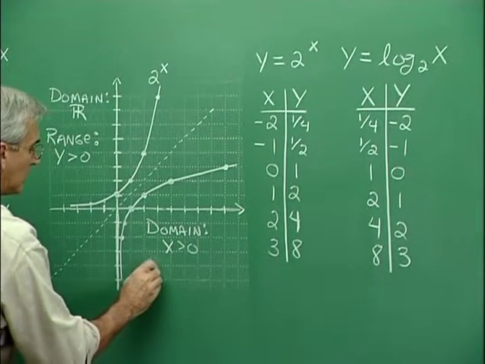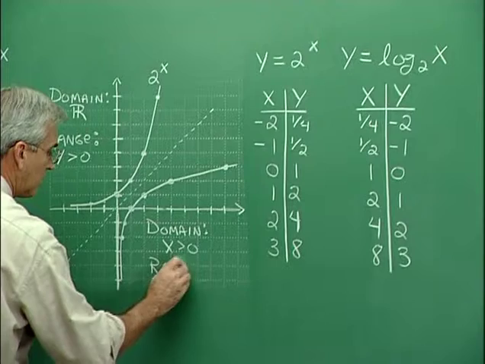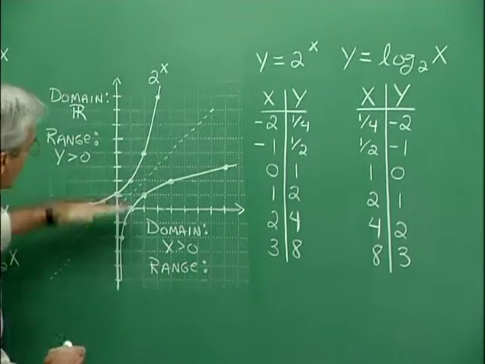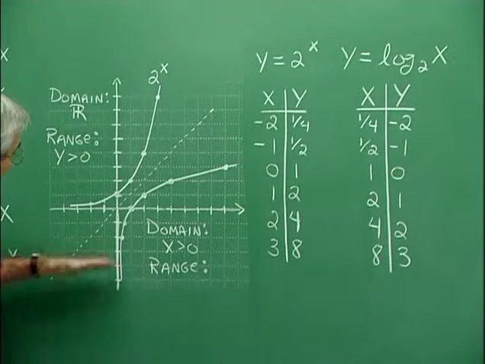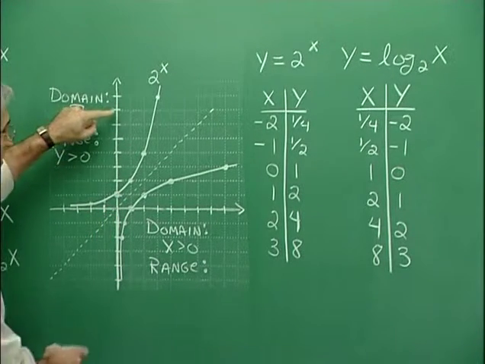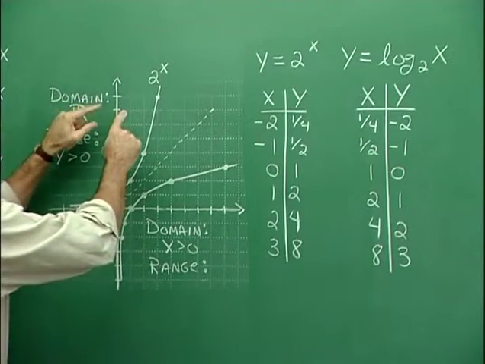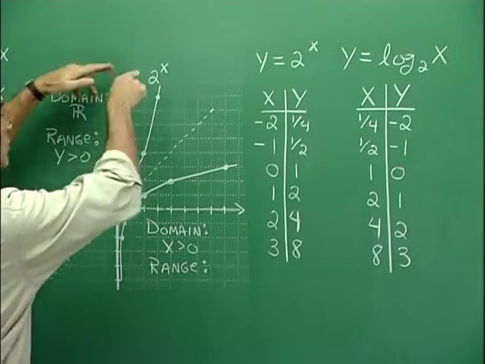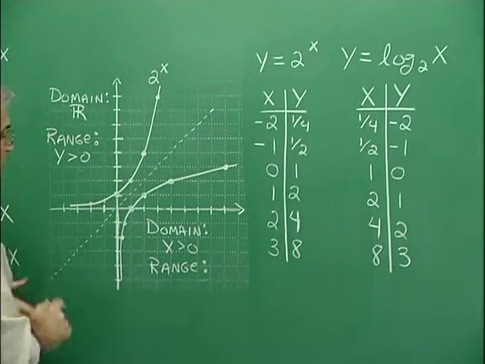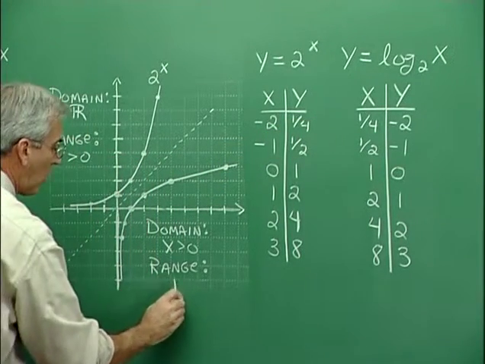What about range? For the range, it would be, let's see, for what values of y do we have points on the graph? Well, for all values of y, we have points on the graph. Even for the y's up here, the x coordinates for y's that lie way up here would be way out that way. But at any rate, they do exist. So the range would be all real numbers.